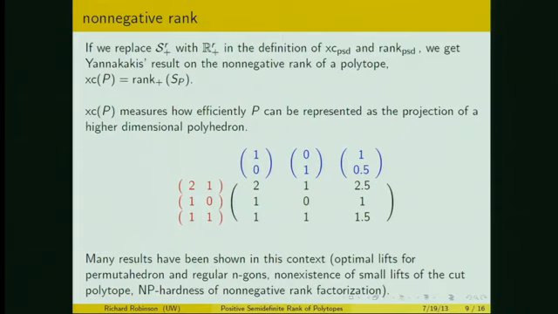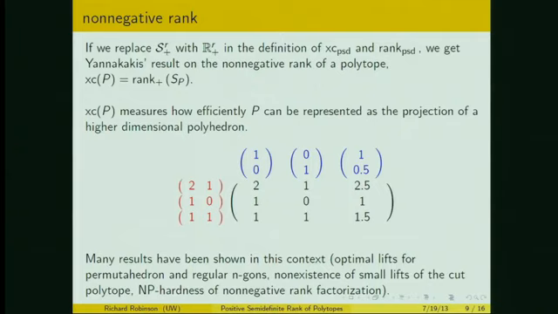If I replace the PSD cone with the non-negative orthant in the definition of PSD extension complexity and PSD rank, I get the definitions of linear extension complexity and non-negative rank. And Yannakakis showed that the linear extension complexity is equal to the non-negative rank of the slack matrix.